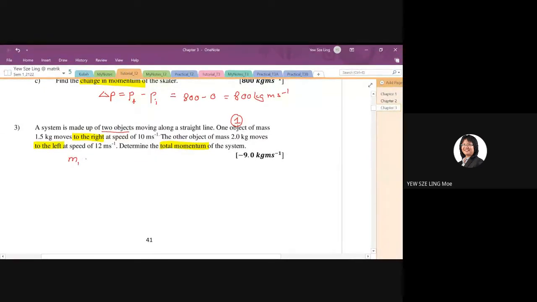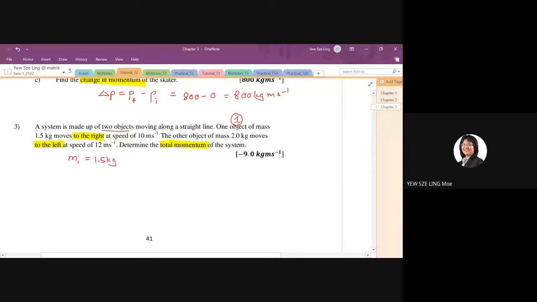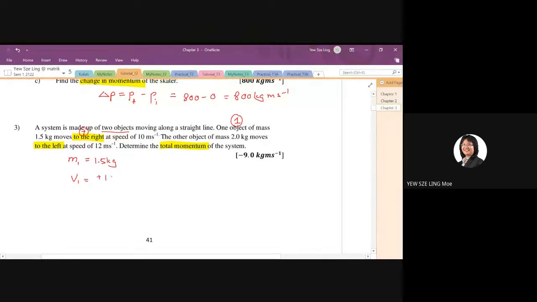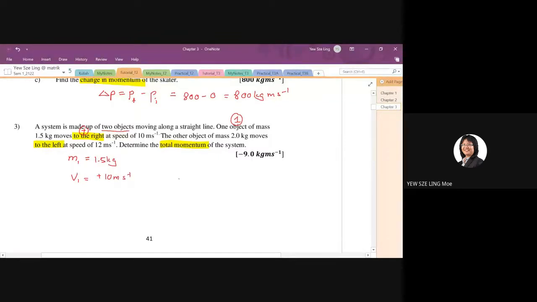So m1 equals 1.5 kg, moving to the right. To the right, I'm going to take as the positive direction. So my v1 equals positive 10 meters per second. The other object, I would like to call object 2. You can call it object A or object B.